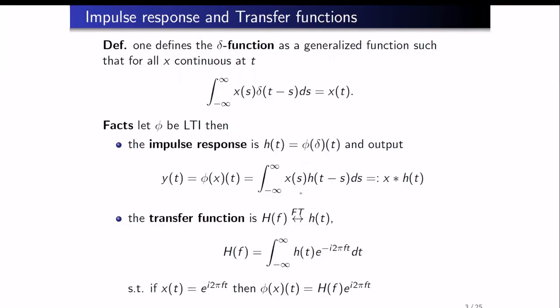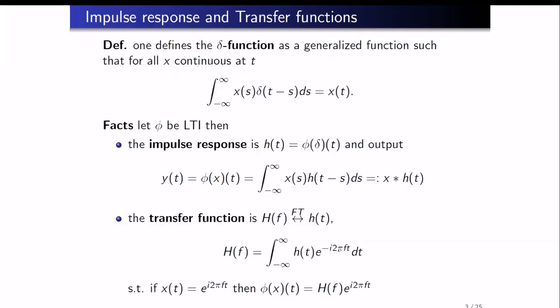And also, if you have any input x(t), then the output is given as the convolution of this impulse response and the input. So if you apply x(t) and the impulse response is h(t), then the output would be the integral of x(s) h(t minus s) ds, which is nothing but the convolution of x(t) and h(t).